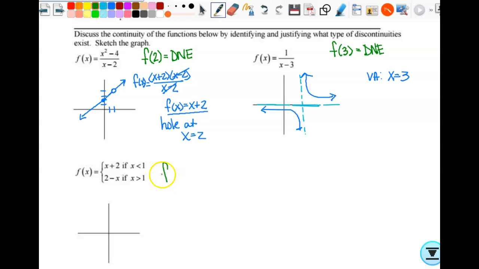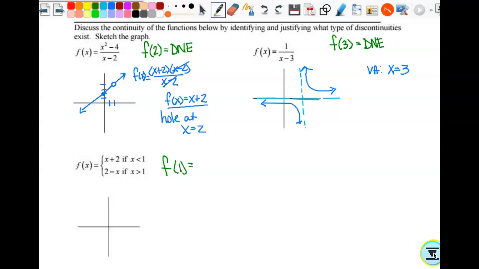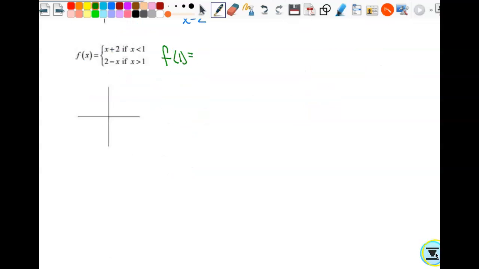So look at this one. What is f of 1 on this one? Is 1 even in my domain? Nope. So guess what?